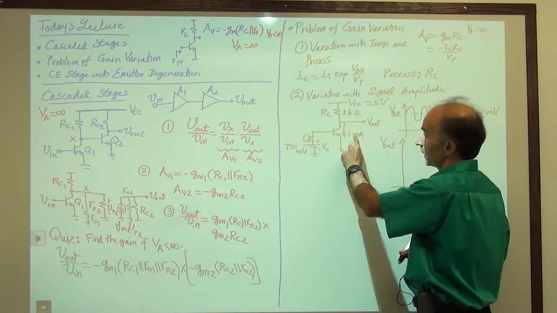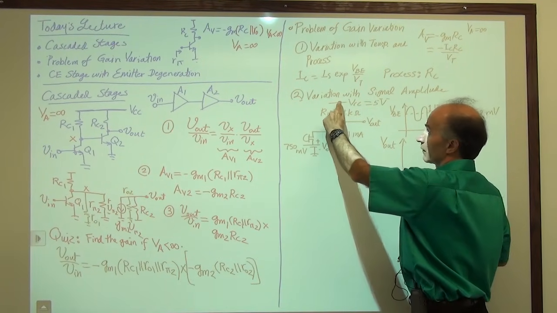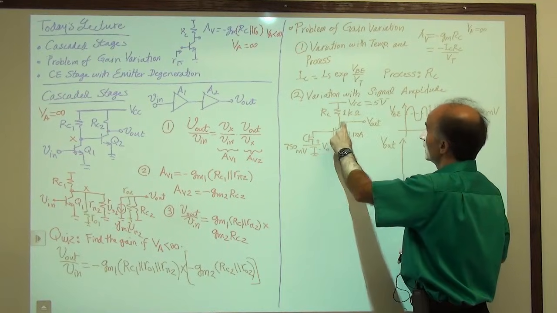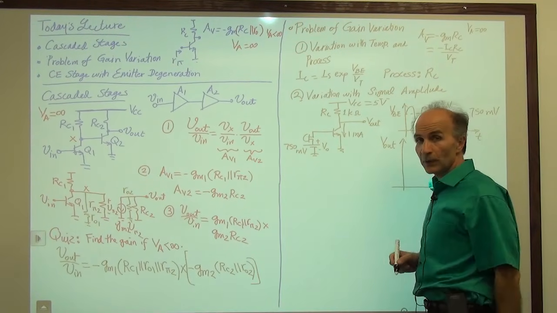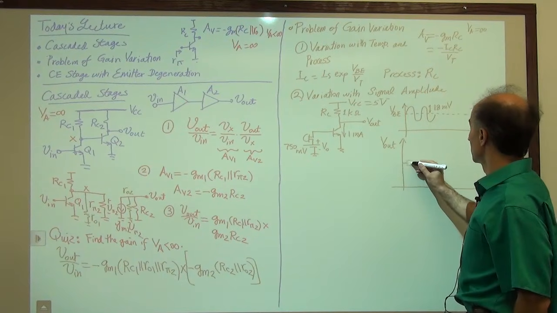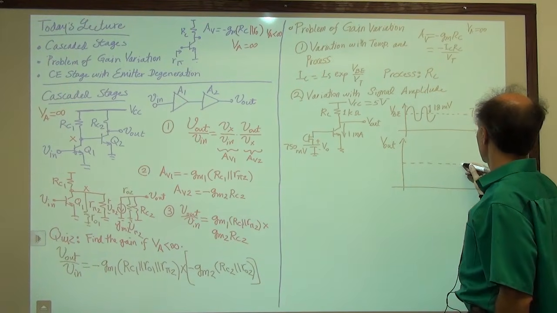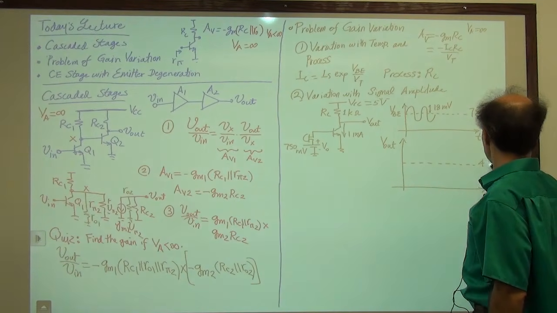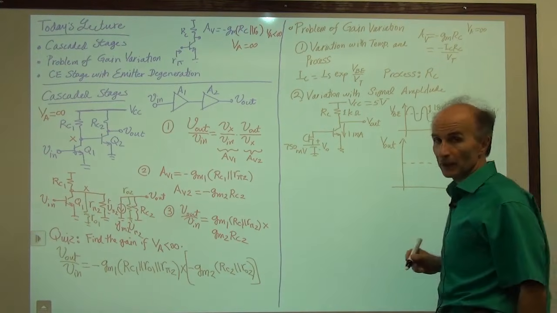RC is 1 kilo ohm, IC is 1 milliamp. There's a 1 volt drop from here to here. So in the absence of a signal, we have 4 volts. So here we have 4 volts in the absence of a signal.